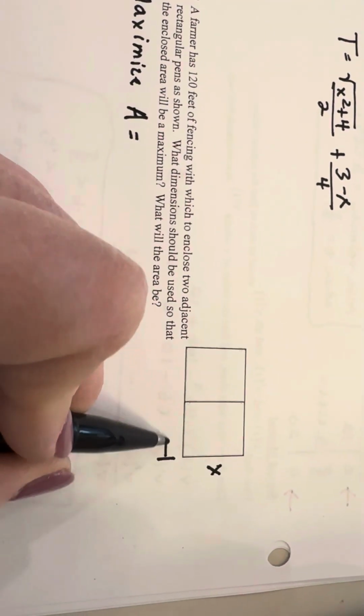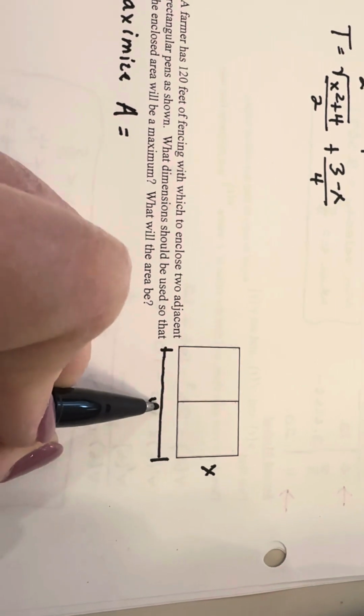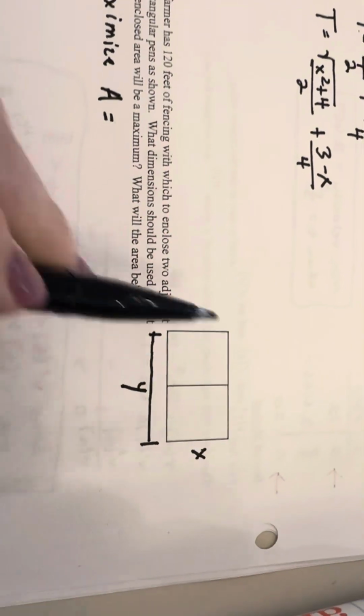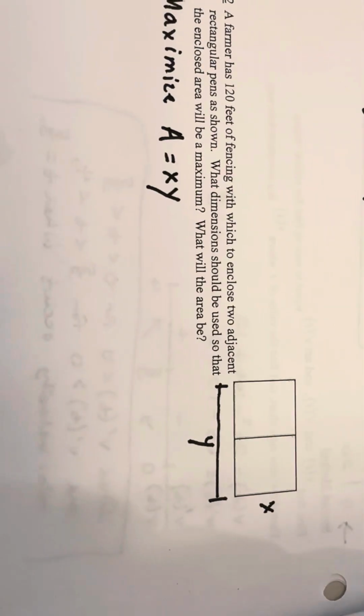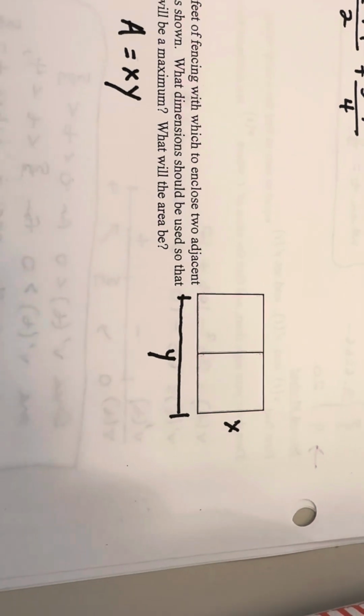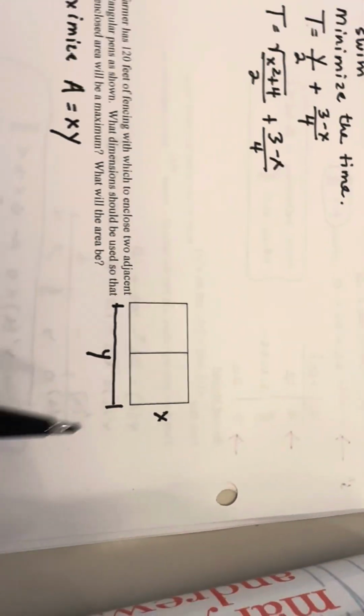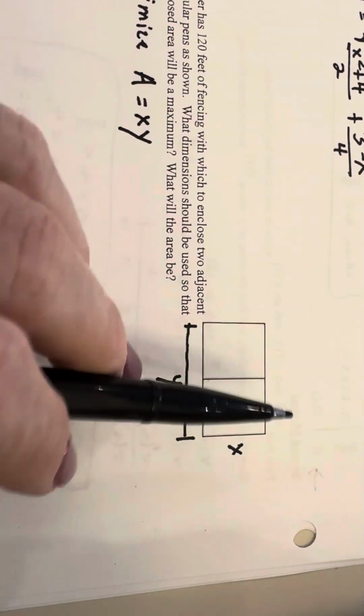And instead of making the little short piece y, I'm going to make the whole length y because we're maximizing that entire area. So your area is going to be simply x times y, if you do it this way. If you do it by letting this be y, then your terms are going to come out completely different. In the end, you should wind up with the same answer, but that's the best way to set that up.